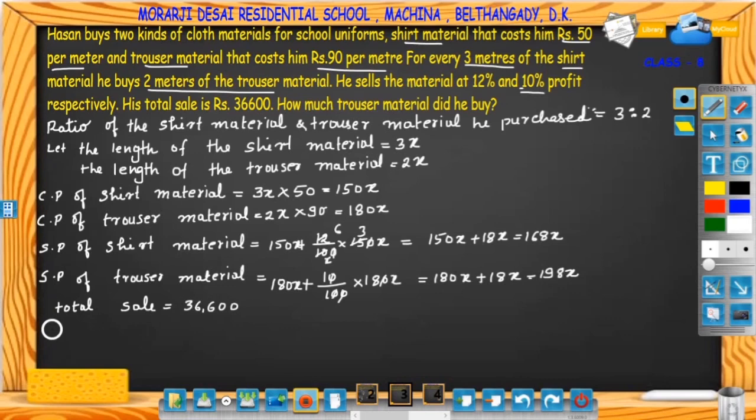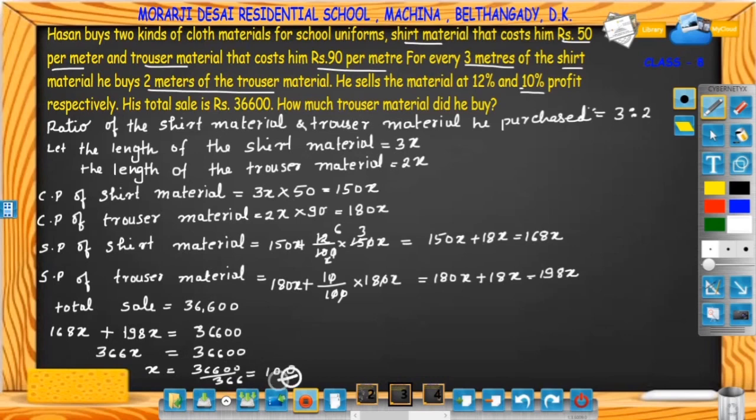Total sale means selling price of the shirt material plus selling price of the trouser material, that is 168x plus 198x is equal to 36,600. 168x plus 198x is 366x is equal to 36,600. So x is equal to 36,600 divided by 366, that is 100.